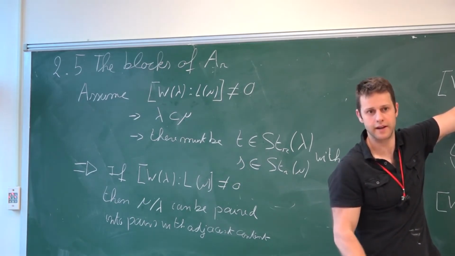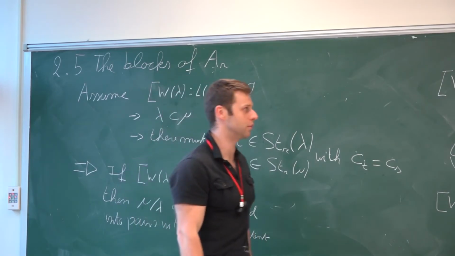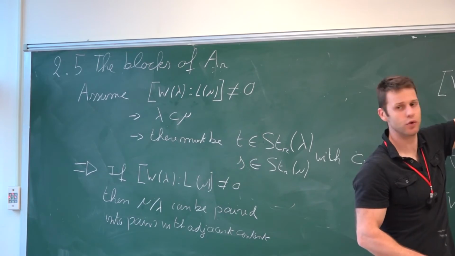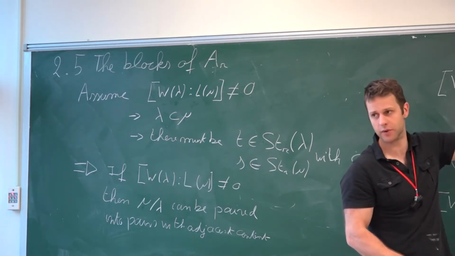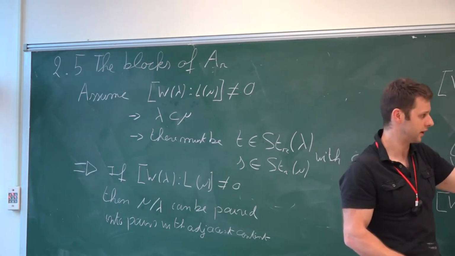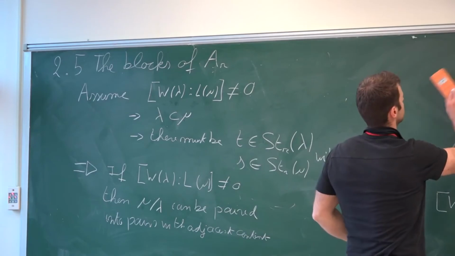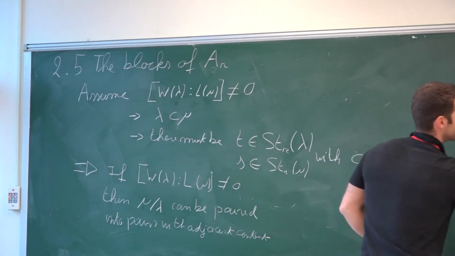So I can't find a pairing of those two into boxes which differ by 1. So here that wouldn't be enough to show that this doesn't appear, because minus 1 and minus 2 are adjacent. But then you work a bit harder. So this is a rougher but easy to check criterion.